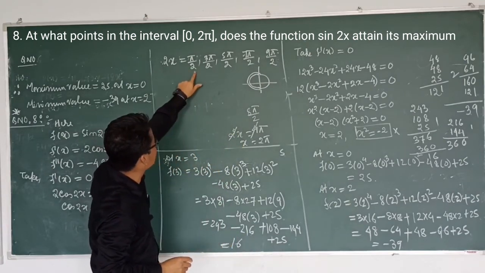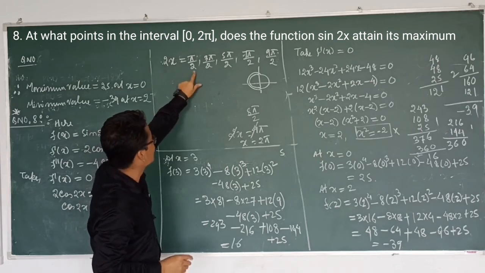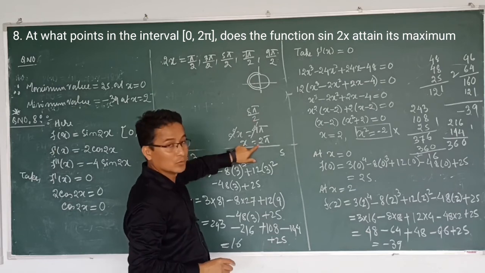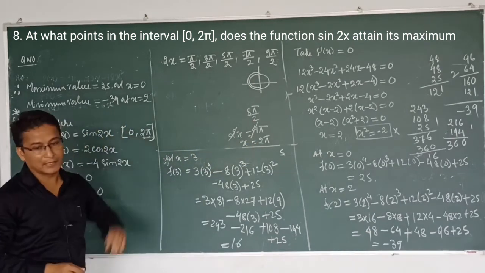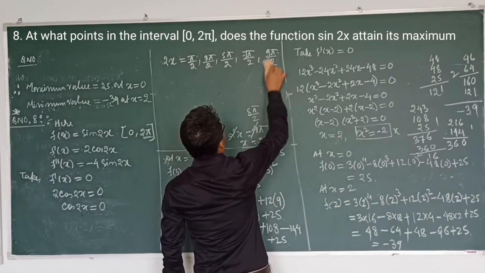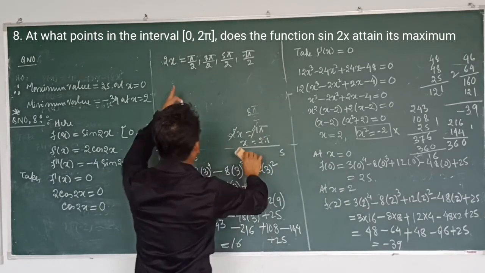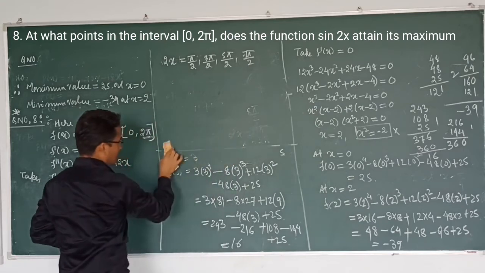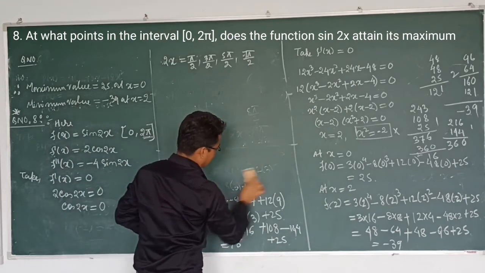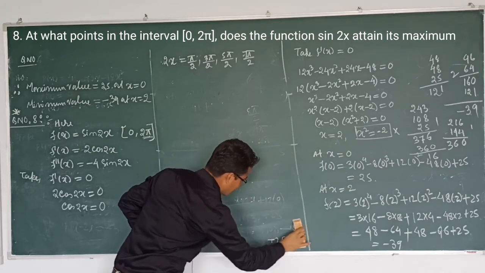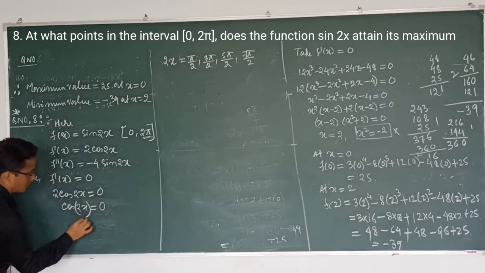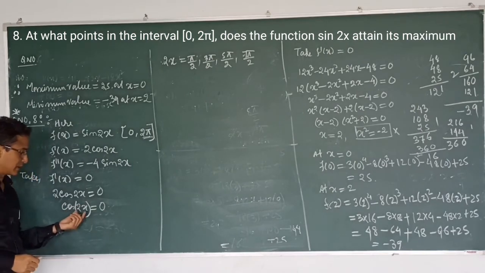If 2 is divided here, this will become 4, and 8 by 4 is 2, clear? That's why we do not consider 9 pi by 2. So we take the values of 2x up to here, this value I will take as the angle.